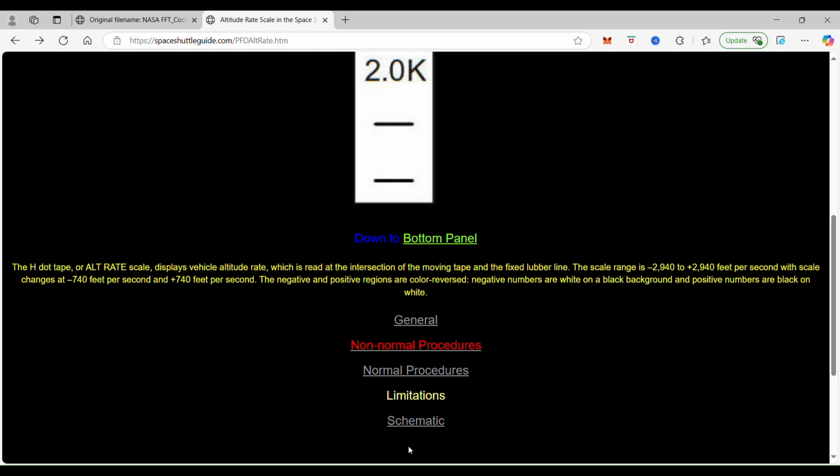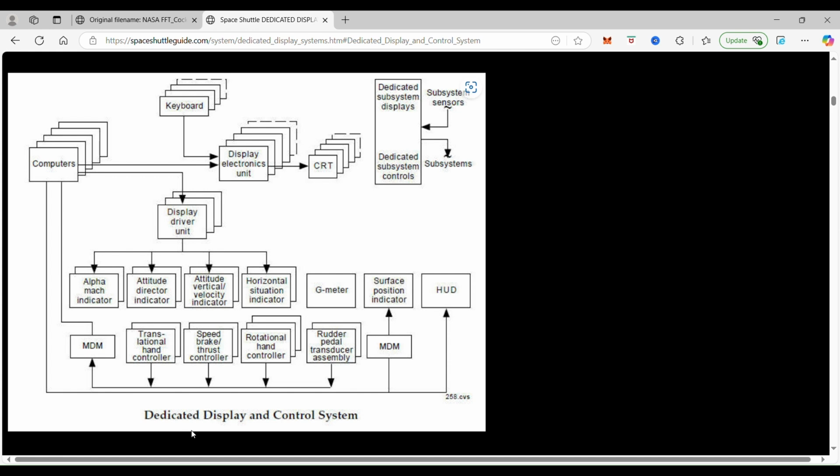If you click on schematic, it takes you to the dedicated display and control schematic as we see here. So we have our computers and our driver display, and that's going to come down here into our indicators. But right here we have the vertical velocity indicator. Right here in the display driver unit, that is where this gauge lives and works, and it displays that vertical velocity as we've seen.